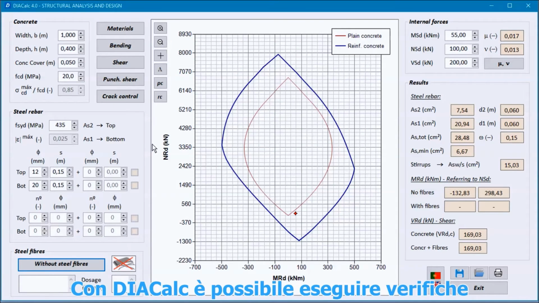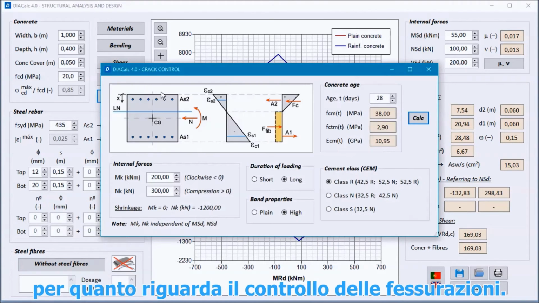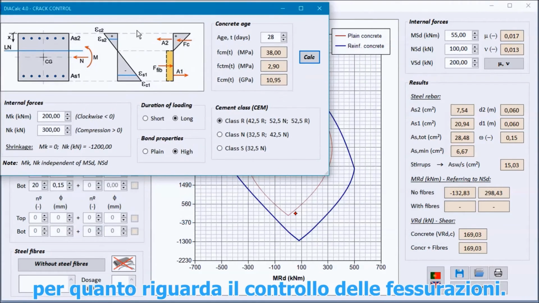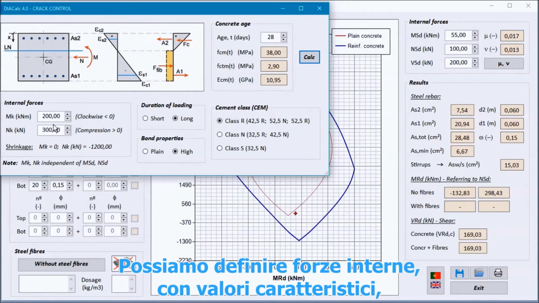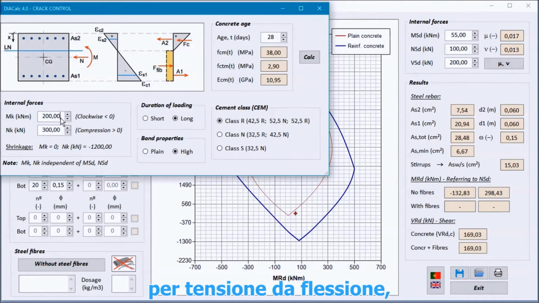It is possible to perform serviceability limit state verifications with DIACalc concerning crack control. You can define internal forces and characteristic values, and this can be done for compression with bending, for tension with bending, for compression only, or for tension only.